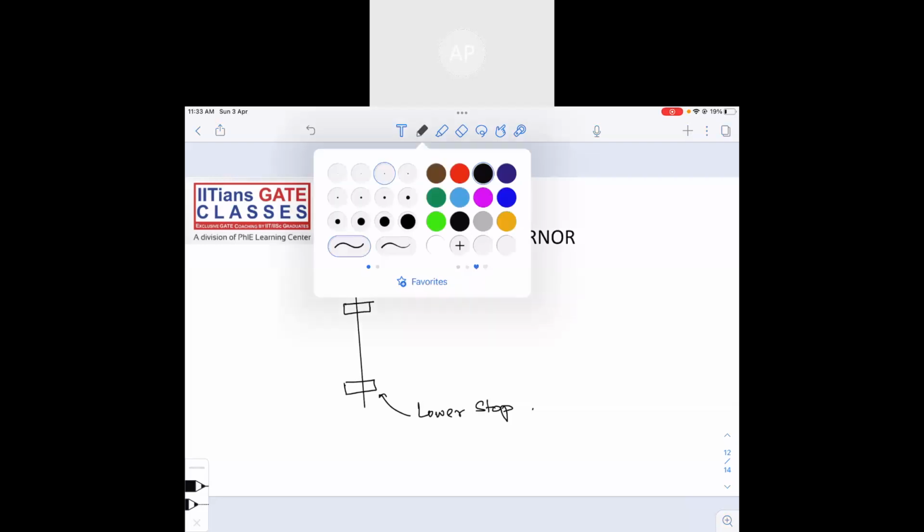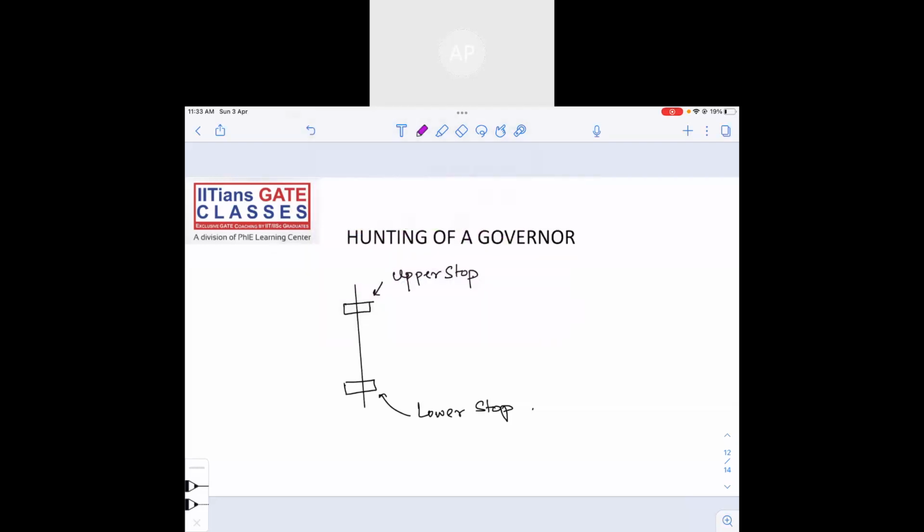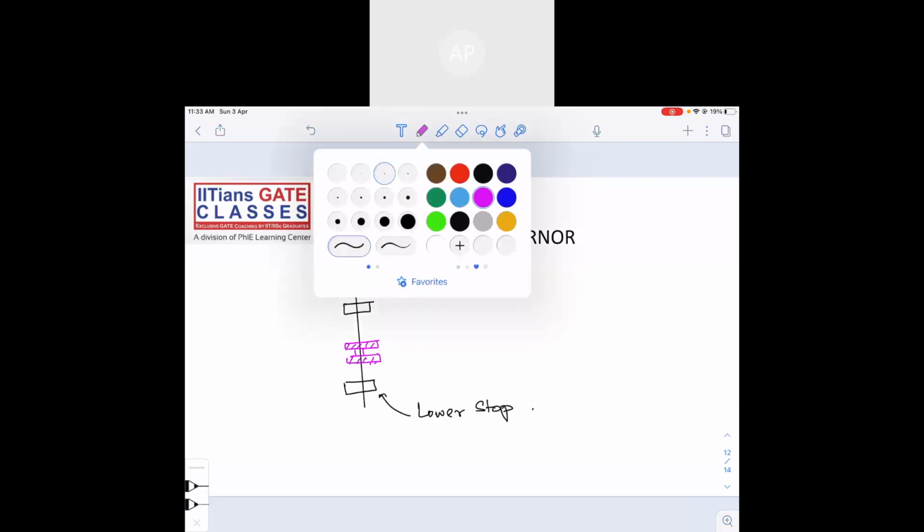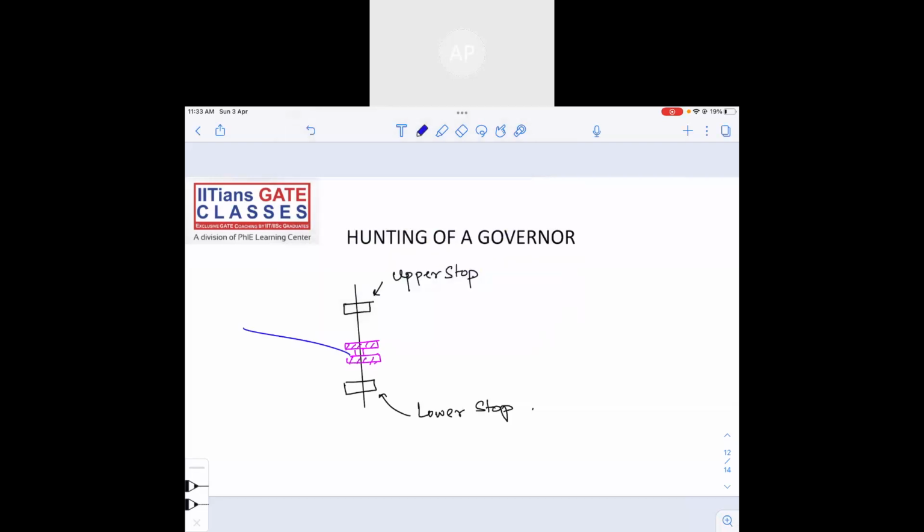All of you now know the sleeve is attached to the fly ball, right? I'm not drawing all those other things, I'm just drawing the sleeve.